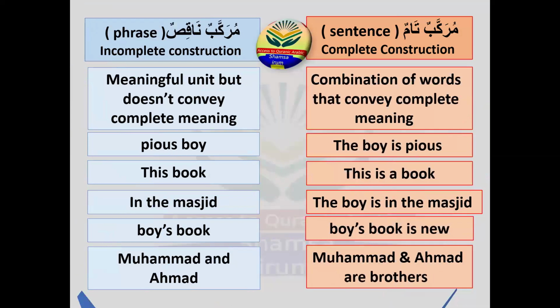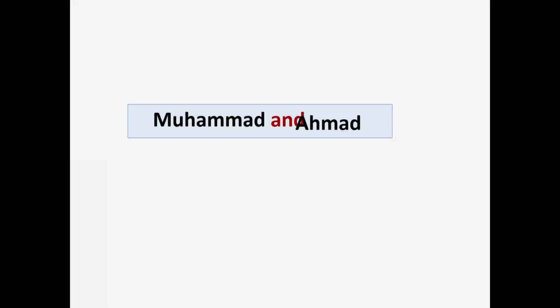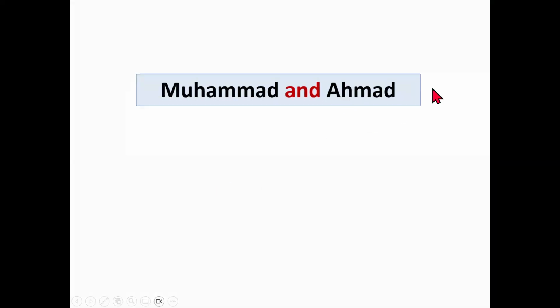All right. Now as we are going to construct the conjunctive phrase, as you know, this is the slide I use many times whenever we do any phrase. These are all the examples from each of the phrases. So the last one is Muhammad and Ahmad. This is the example of the conjunctive phrase. So let's move to the next slide. Muhammad and Ahmad.